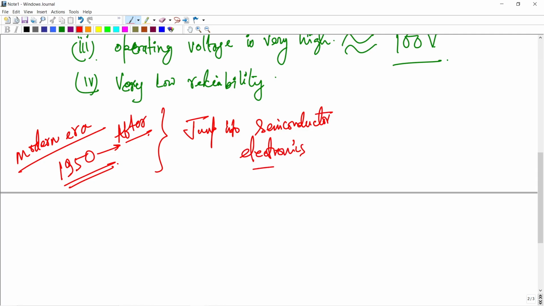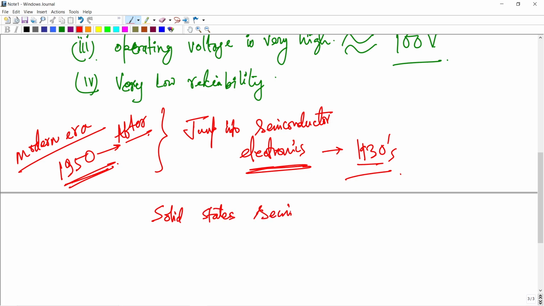Actually, semiconductor electronics started from the 1930s, but the main device, the transistor, was invented in 1948. So here we have a limited discussion of the solid state semiconductor.